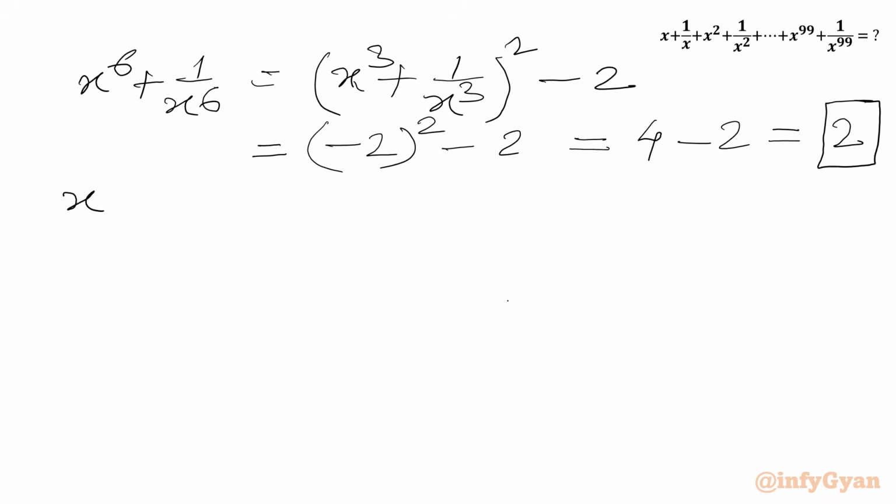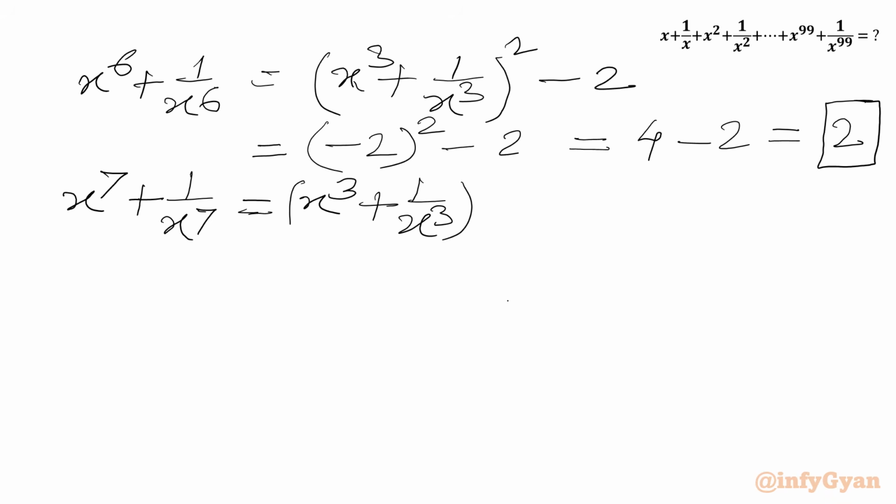Now we have to calculate x power 7 plus 1 over x power 7, as values are not repetitive in nature. Now I will write that this would be the product of x cube plus 1 over x cube with x power 4 plus 1 over x power 4.